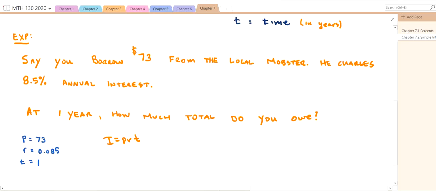If it was 3 years, that would be 3, so on and so forth. 5 years, that would be 5. Okay. So the solution here, our interest then, equals, plug these in, 73 times 0.085 times 1.